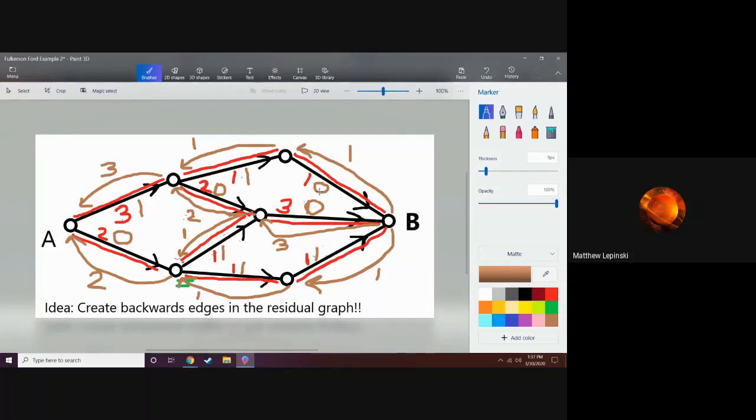Every time you iterate and make some adjustments, you end up with more flow going from A to B. And when it terminates, you will have found the maximum flow.